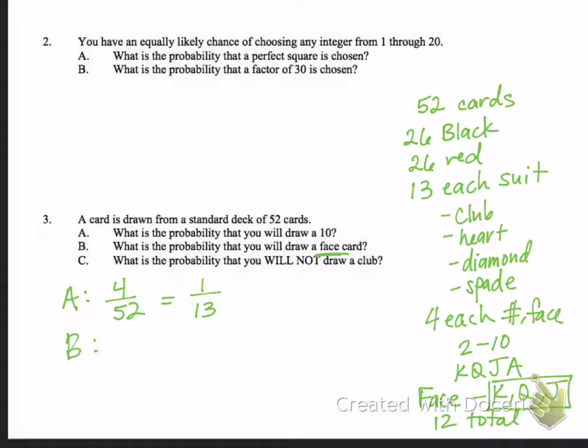You have 3 face cards, 4 of each, so it would be 12 out of 52, which reduces to 3 out of 13. And then for part C, what is the probability that you will not draw a club? So it would be 3 out of 4 because 1/4 of them are clubs, and so 3/4 of them are not clubs.